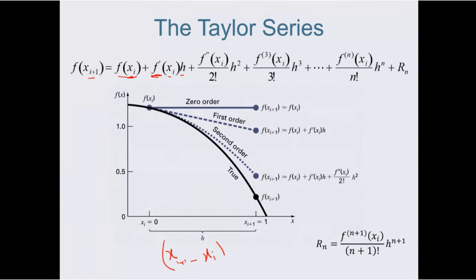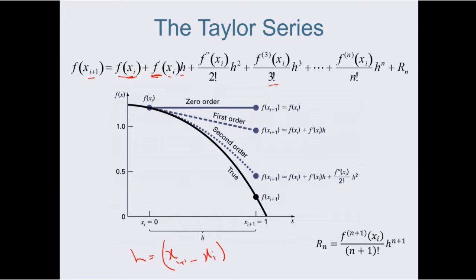So that difference is the step size h, plus the second derivative at xi divided by 2 factorial times h squared, plus the third derivative multiplied by h cubed divided by 3 factorial, plus the fourth derivative multiplied by h to the power 4 divided by 4 factorial, and so on. We keep adding the terms. Now, of course, this is an infinite series.